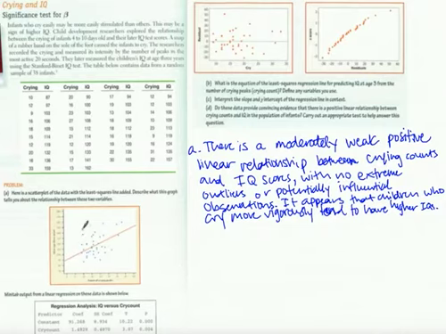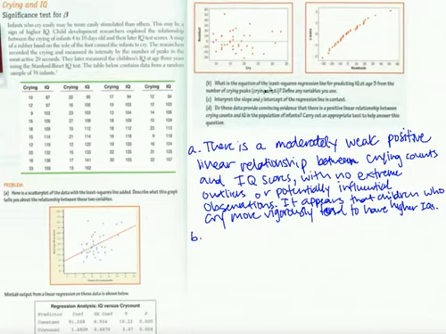So remember we talked about positive relationships when we talked about Unit 3 and how positive meant when one went up, the other went up. So for example, if the crying counts go up, the IQ goes up. All right.